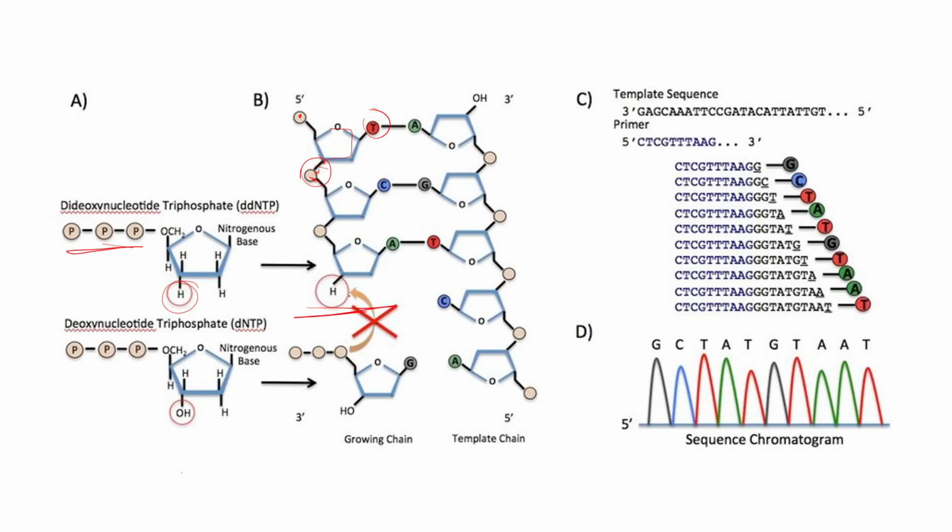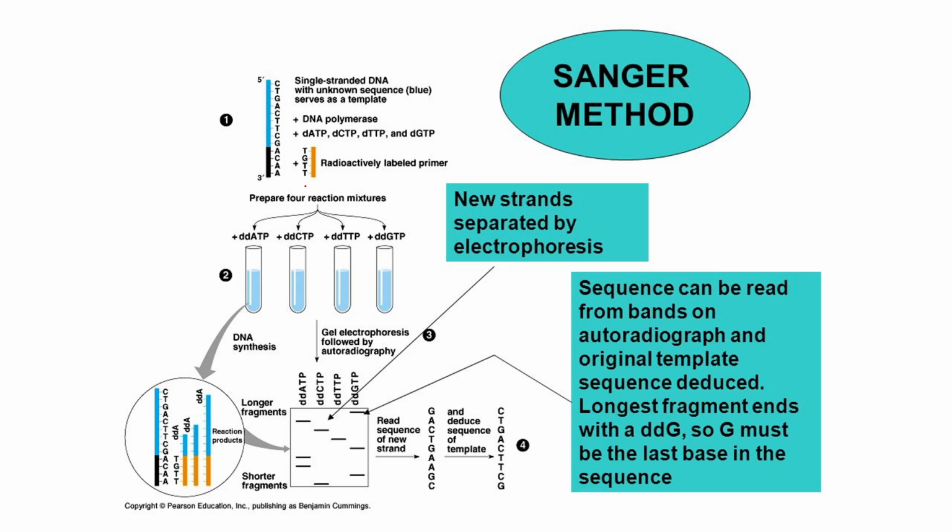Now what do we do with this information? What do we do when we set up a Sanger sequencing reaction? We have a template DNA. So here I have the figure. Let's say this is my template DNA, the blue one, and I have added a radioactively labeled primer.